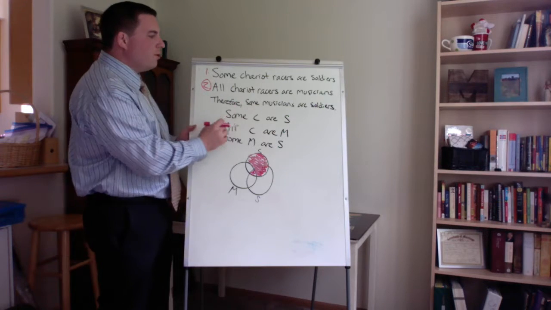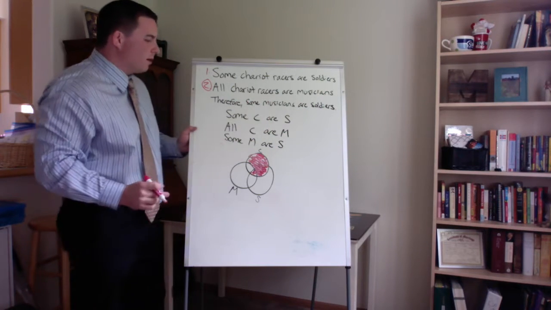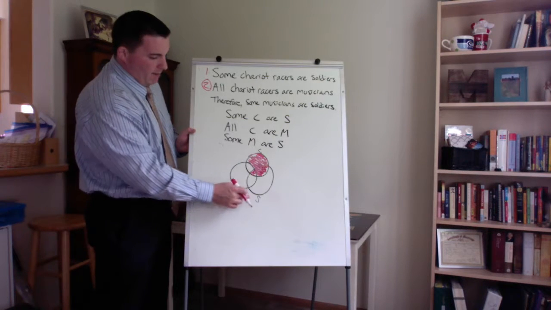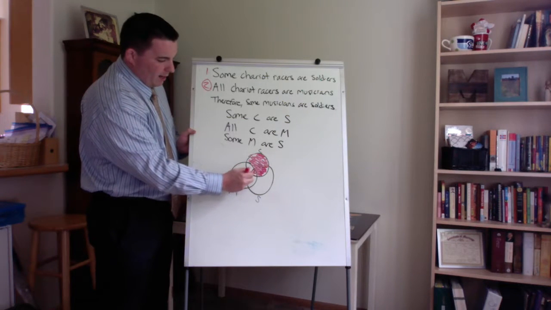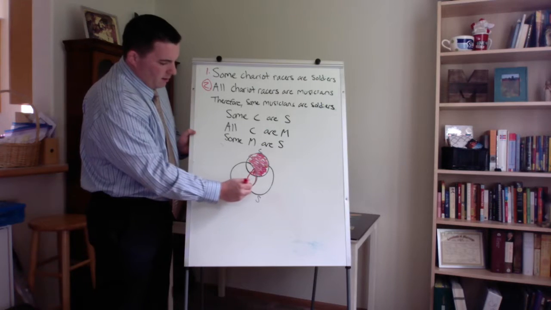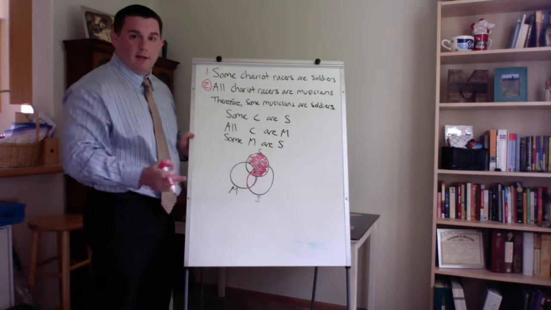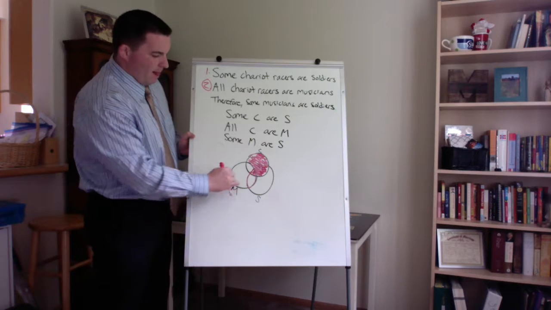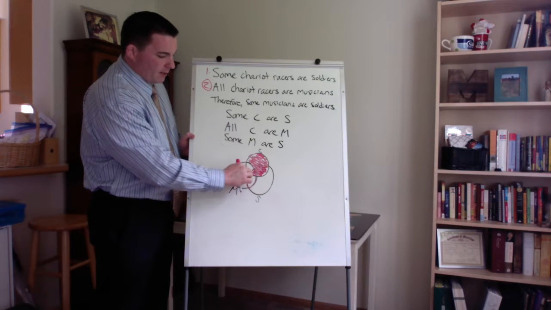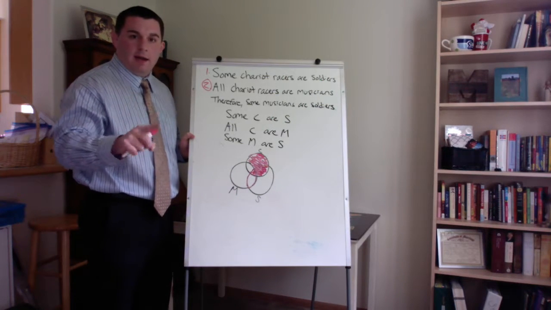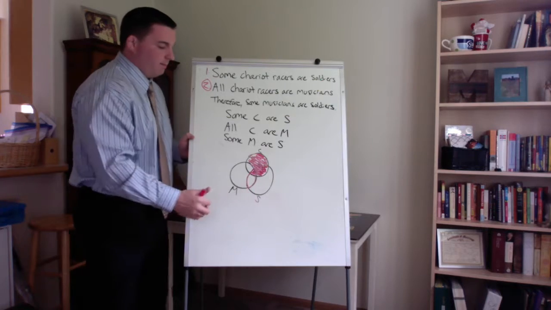Conclusion, some musicians are soldiers. So we're looking for the area where M and S overlap, which would be right here. And we are told that at least one musician is a soldier. Well, here we have our X. It's in the area of overlap between M and S. So that tells us that at least one M exists, and M is a soldier.